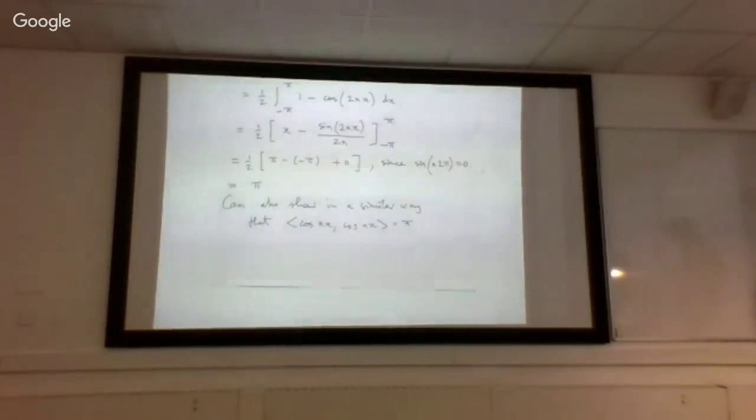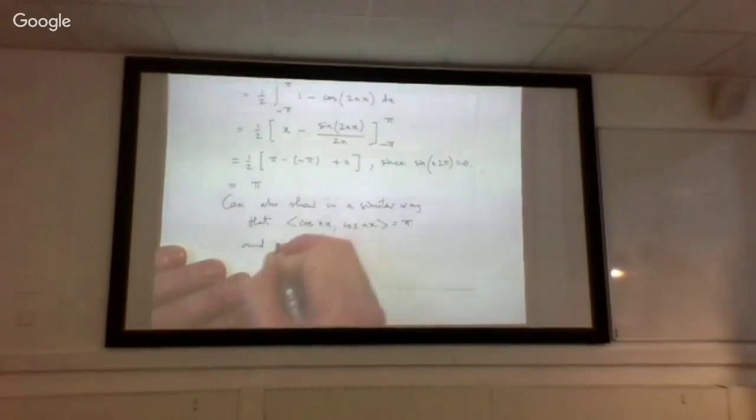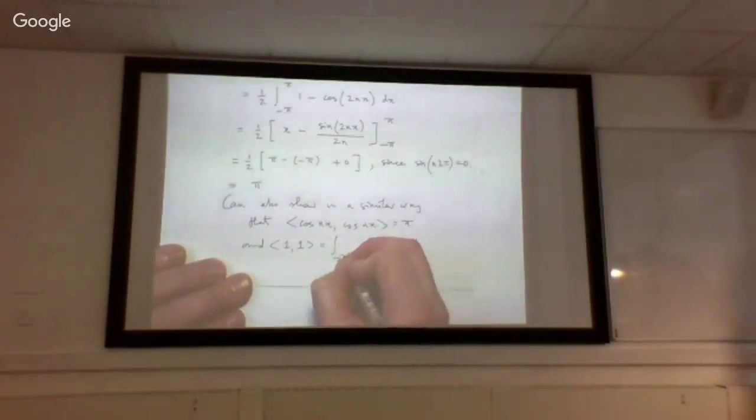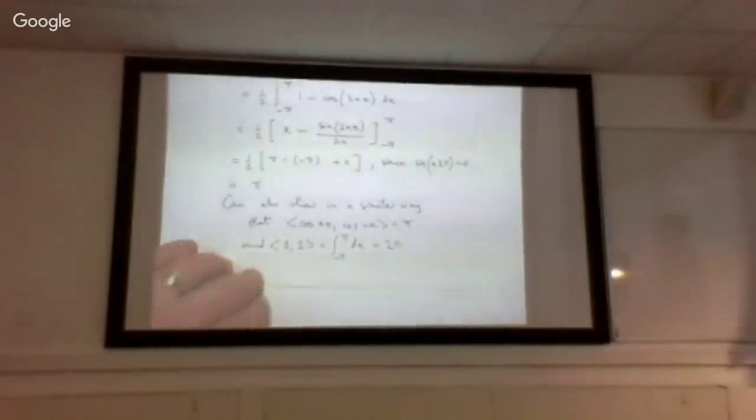And the only other remaining case is the inner product of the constant function 1 with itself. Well, that's just the integral from minus pi to pi of dx, which is just 2 pi.